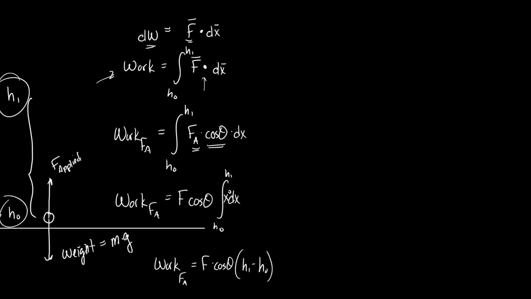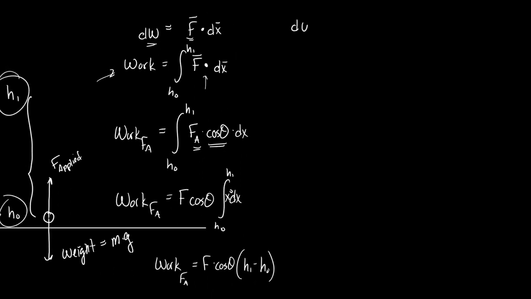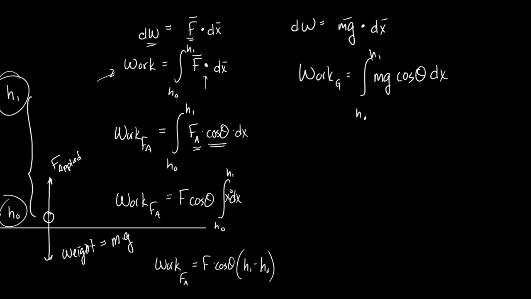Parallel process here. There is work being done by gravity as the rock is lifted. If I add this up, I'm going to have the summation from h naught to h1 of mg cos theta dx. mg is a constant.